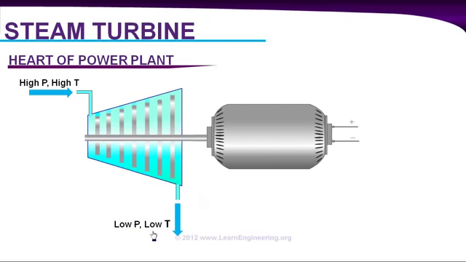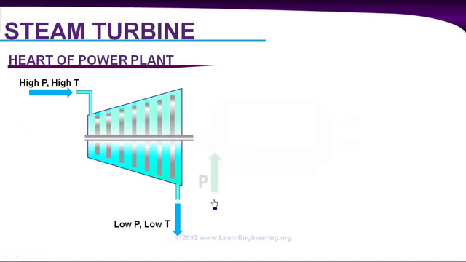If somehow you can bring this fluid back to its original state, to high pressure, high temperature, then you can have a continuous process, so we'll get continuous electricity from the generator. That exactly is our challenge in a steam power plant: how to convert this low pressure, low temperature steam back to its original state, that is, to a high pressure, high temperature steam.